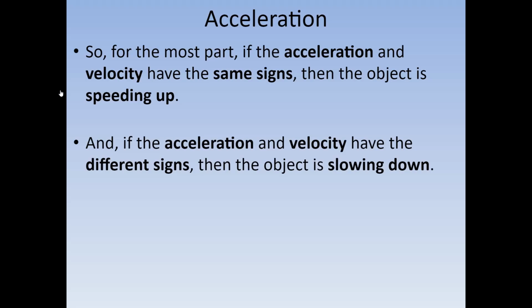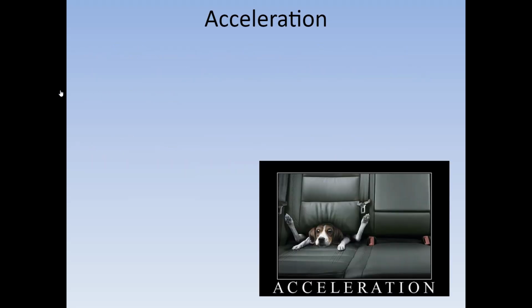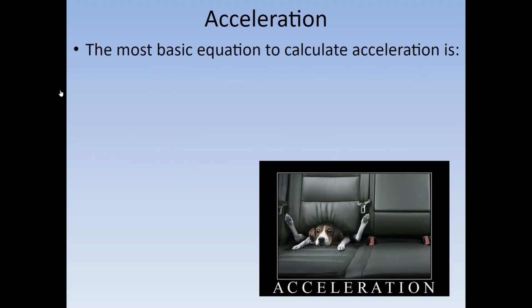So this can help give us information about what's going on. If we know that the object is speeding up, or if we know that the object is slowing down, it gives us a hint as to the relative directions or relative signs of the velocity and the acceleration. So if we know what direction the object is moving and we know it's speeding up, we automatically know the direction of the acceleration and vice versa. Now, there's sort of two equations.